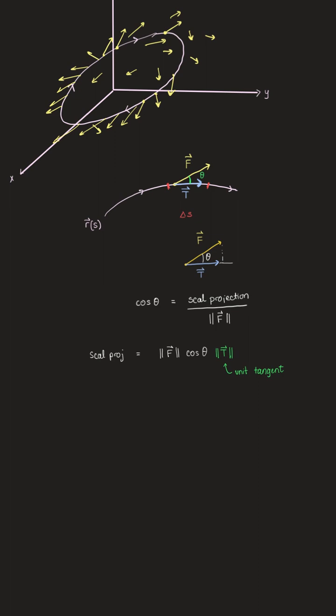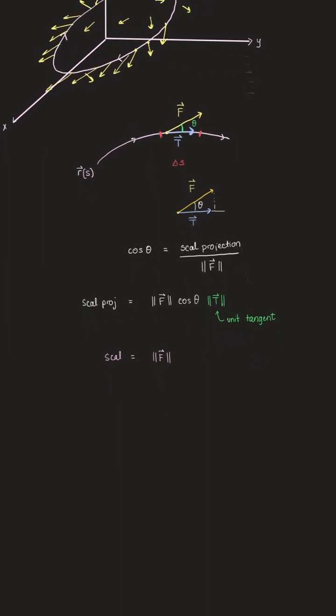So now we have that this component of our force along t, this scalar projection, is equal to the magnitude of the force vector, the vector in the field, times the magnitude of our unit tangent, which is 1, times cosine of theta. But you might recall that this expression is just the dot product between F and t.